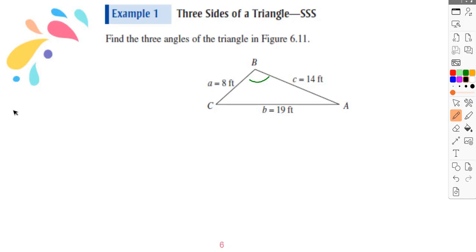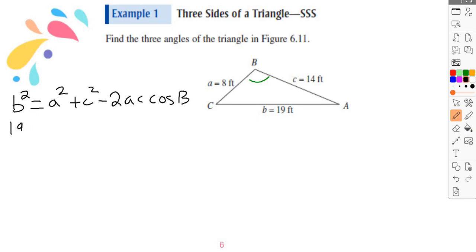So then I'm just using that formula. So we have B squared equals A squared plus C squared minus 2AC cosine of big B. So then we're just going to plug in.